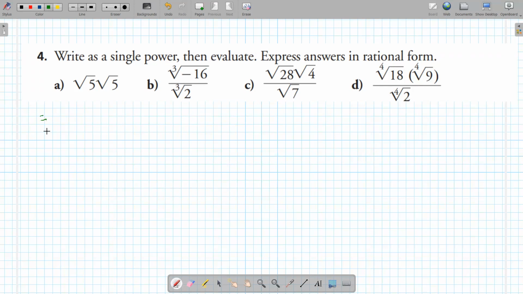What is √5 as an exponent? 5 to the power of 1 over 2. So you have 5 to the power of 1 over 2 from the first one, and 5 to the power of 1 over 2 from the second one. You have the same base and you're multiplying. What do you do? You add. So you get 5 to the power of 2 over 2, which is 5 to the power 1, which is just 5. And that's the final answer.